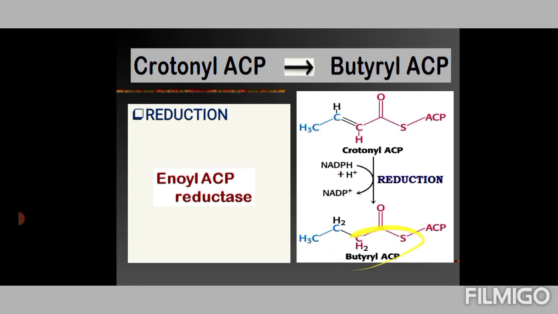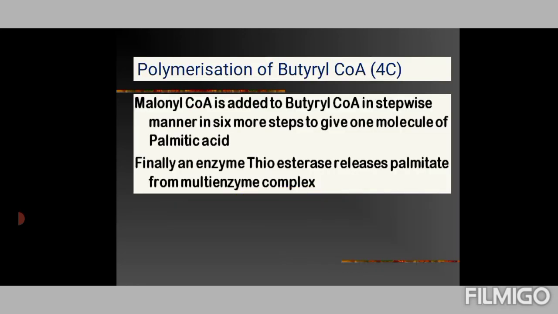Now to butyryl ACP, 2 carbon units are added sequentially. Obviously it is from malonyl coenzyme A itself, with decarboxylation, and the site is the ACP site itself on the fatty acid synthase. So 2 carbons are added sequentially, 1 by 1, till the chain length becomes 16 carbons totally.